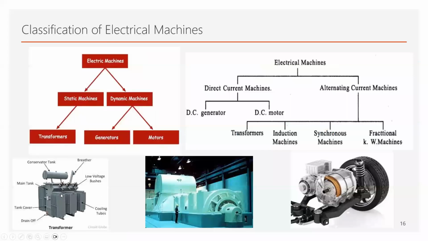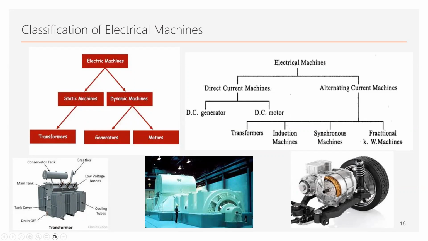This is a three-phase transformer. So this is a static device. It doesn't move, it doesn't rotate. But if we look at dynamic machines, I've just mentioned a generator. This is an example of a generator. This is the outer part and this is the inner part. The inner part rotates and the outer part stays static.